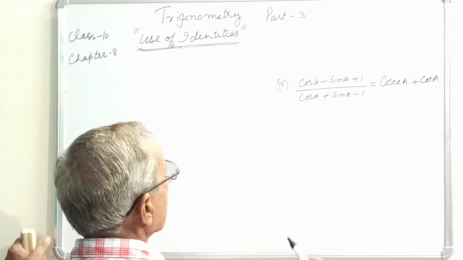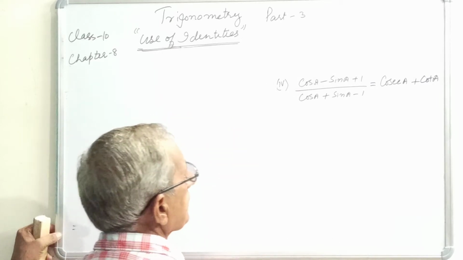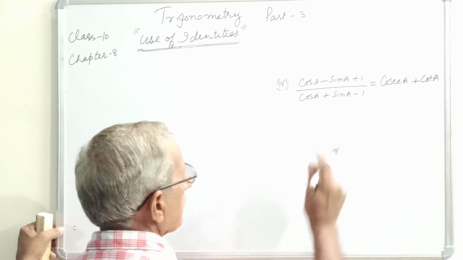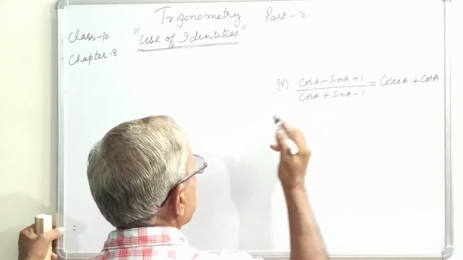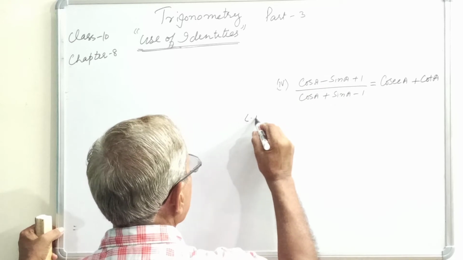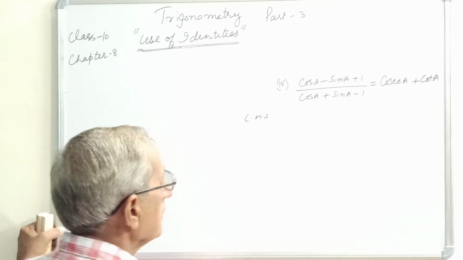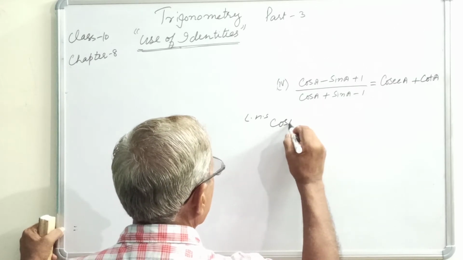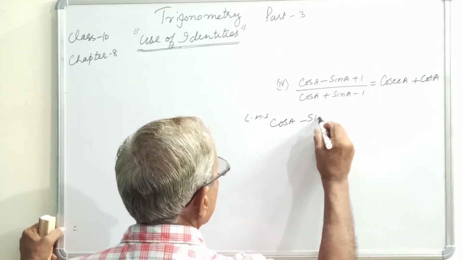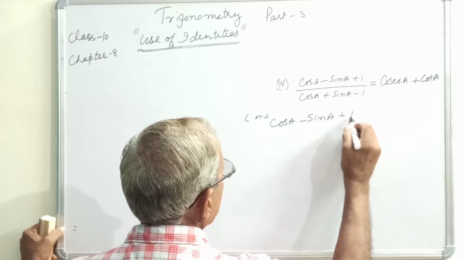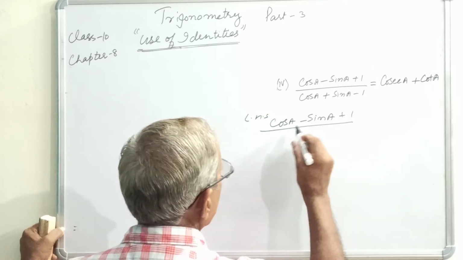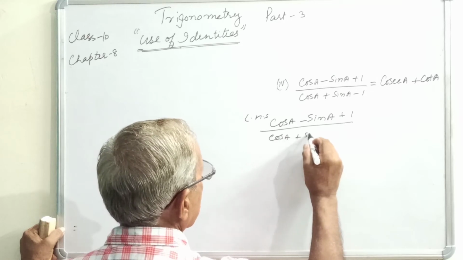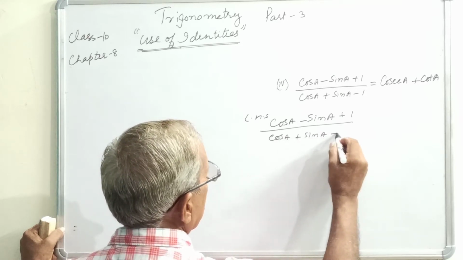Fourth part is (cos A minus sin A plus 1) upon (cos A plus sin A minus 1). The left hand side. So we are taking the left hand side, cos A minus sin A plus 1 upon cos A plus sin A minus 1.